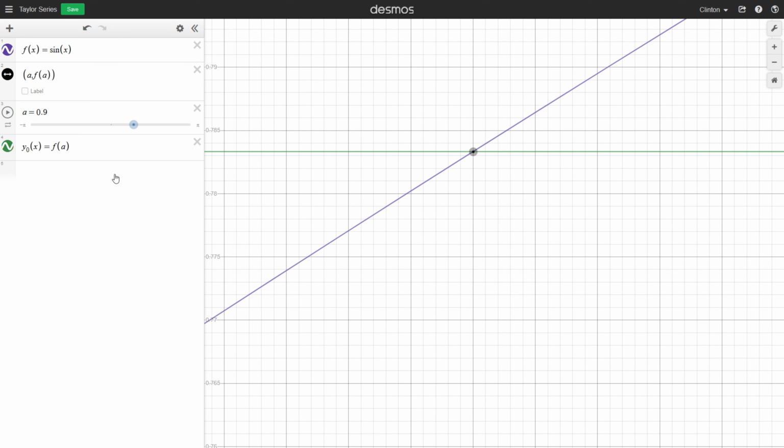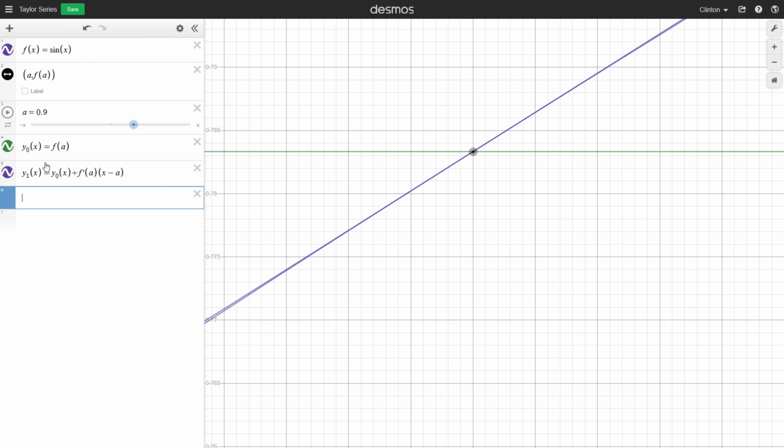If the slopes were to agree, we would essentially take the previous approximation that we had, but then add on a term that matches the slope. So we would figure out the slope of the tangent line, and then multiply it by x minus a, and that would give us a really nice approximation.